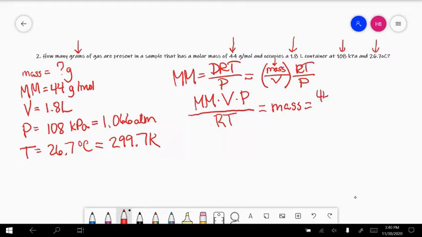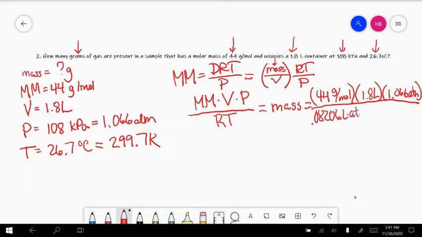So now we can plug in 44 grams per mole, 1.8 liters, 1.066 atmospheres over 0.08206 times 299.7 K. So let's see, we've got moles in the bottom, atmospheres cancels, liters cancels, Ks cancel, and we're left with an answer in grams.